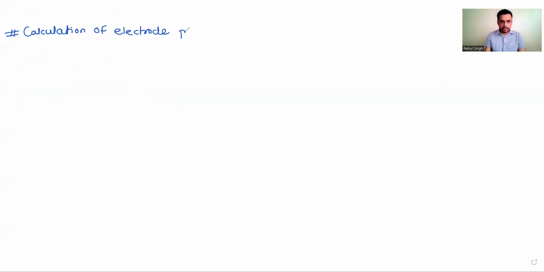And for the calculation of anything, we need a reference. So here we are going to take the reference of the SHE, which is our standard hydrogen electrode.